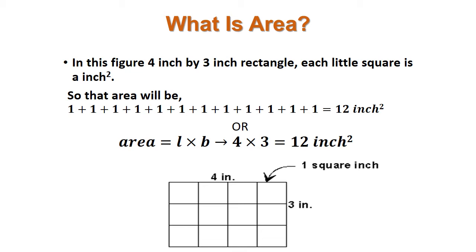In this figure, a 4 inch by 3 inch rectangle. Each little square is an inch square, so that area equals L into B, 4 into 3 equals 12 inch.